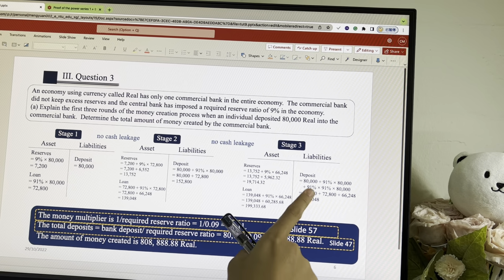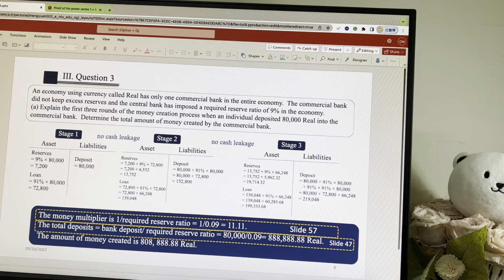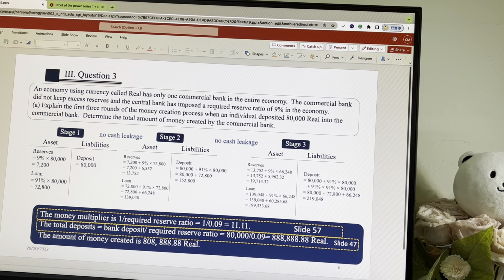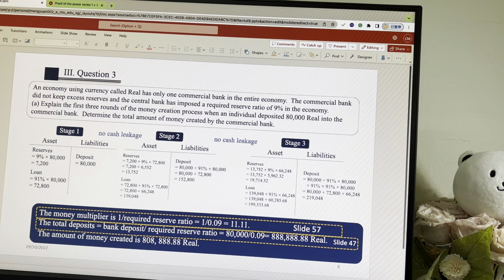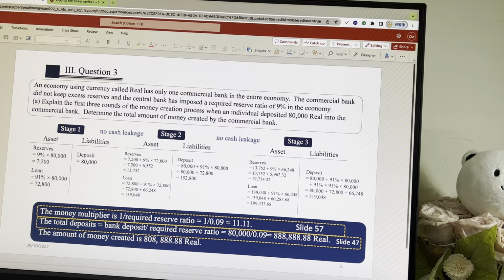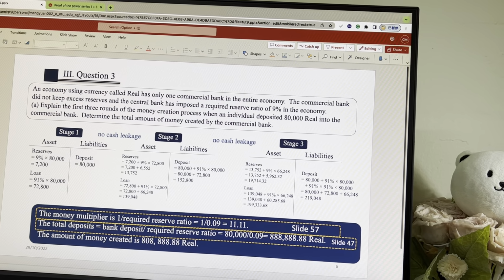And this amount, 9% becomes the reserve and 91% becomes a loan. Okay, this is just stage 3, right? We know there are stage 4, 5, 6, and just like that.